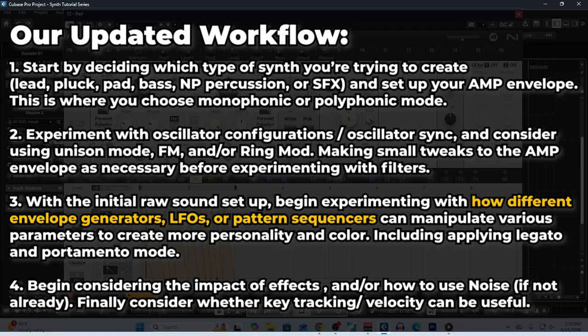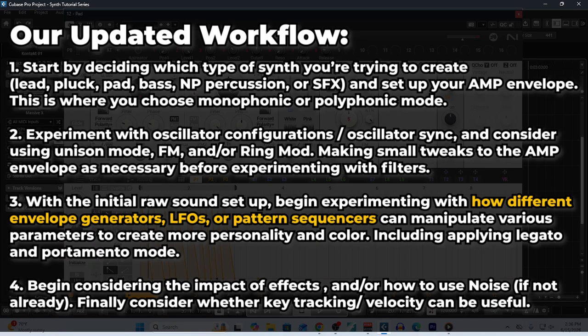With your initial raw sound setup, you can then begin experimenting with how different modulators like envelope generators, LFOs, and of course pattern sequencers can all manipulate various parameters to create more personality and color, including applying legato and or portamento mode to your synths.